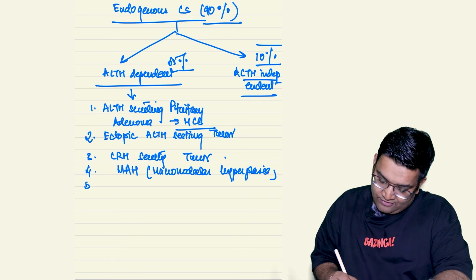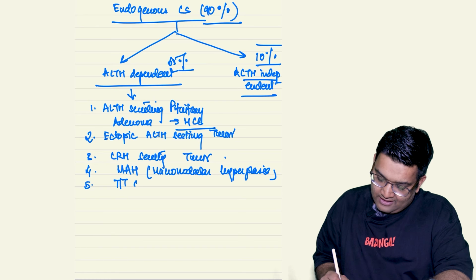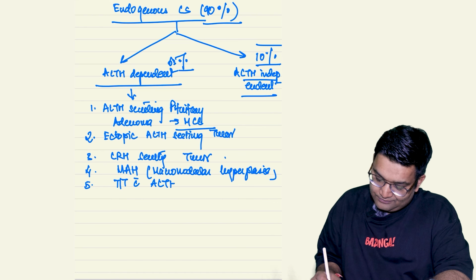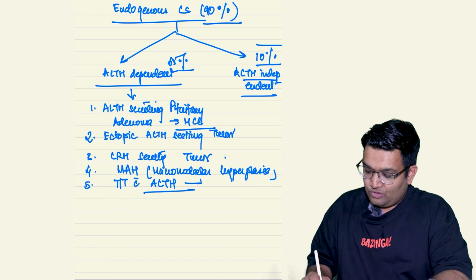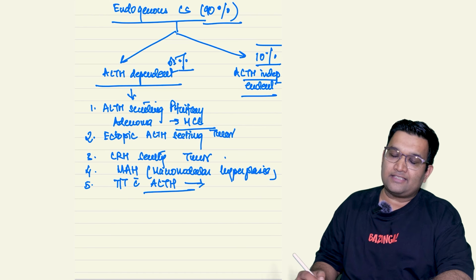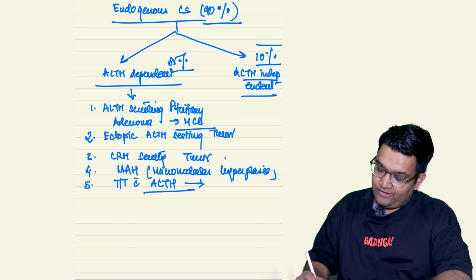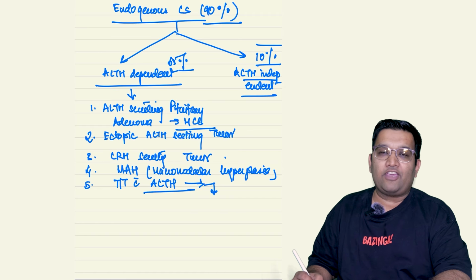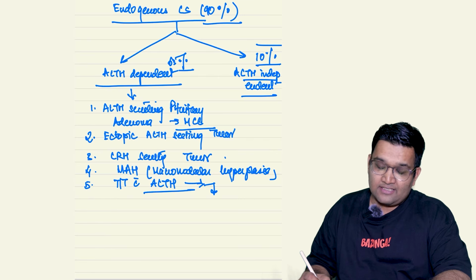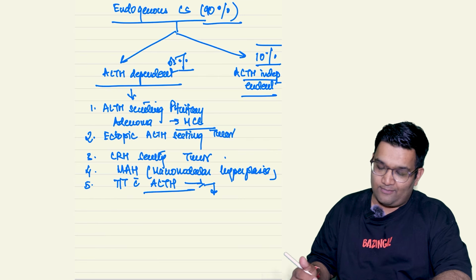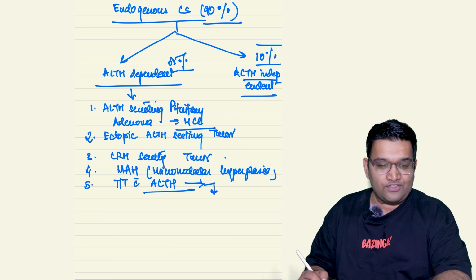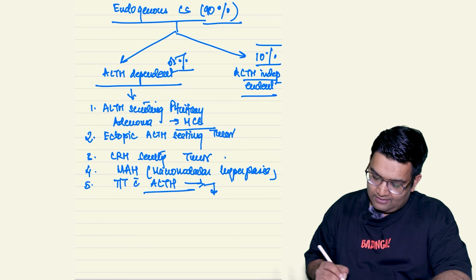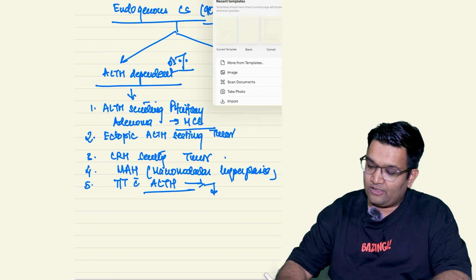And the last one is treatment with ACTH. So we treat certain conditions such as salaam seizures with ACTH. Now the drug of choice there is, I think, vigabatrin, but ACTH given to a patient for a long time can also cause these kind of symptoms.